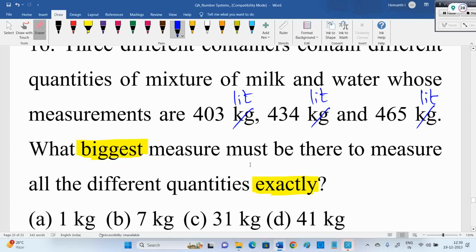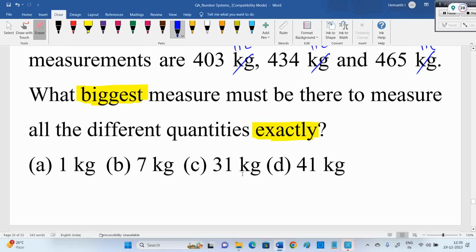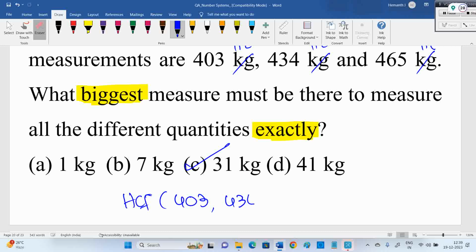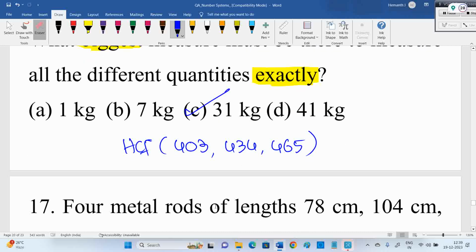The same case you can observe here. 403, 434, 465 I should measure exactly. So what should be the size of that can? This is all in terms of liters, so we have to apply HCF. We already solved the same question; HCF is 31. In today's session itself, we discussed how to calculate HCF for bigger numbers.